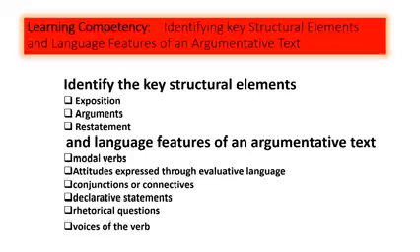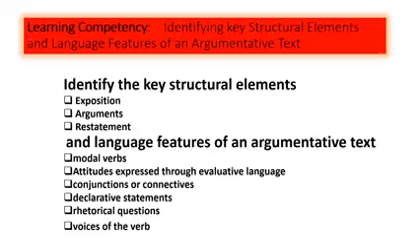In the previous weeks, you also learned some of the language features of an argumentative text. You have already learned the modal verbs. If you can remember, modal verbs include will, would, can, could, shall, should, might, may. You also have learned the conjunctions or the connectives.